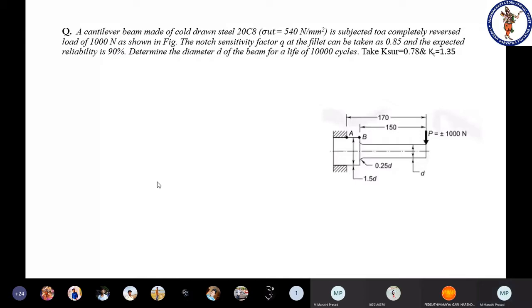Determine the diameter D of the beam for a life of 10,000 cycles. Take surface factor as 0.78 and theoretical stress concentration factor as 1.35.